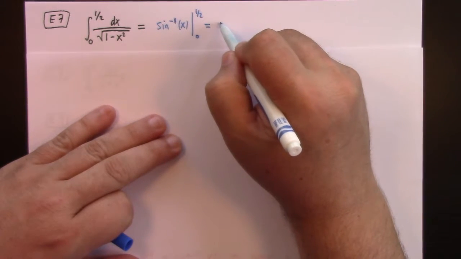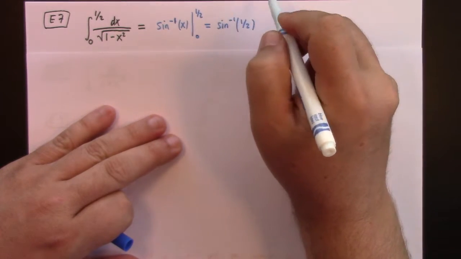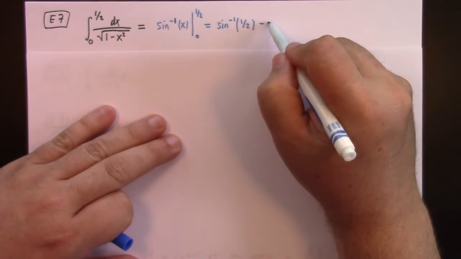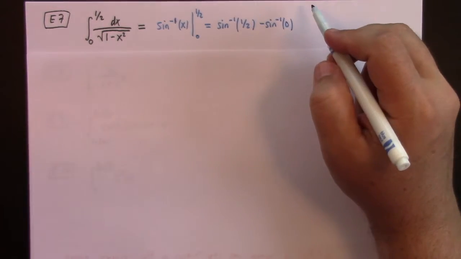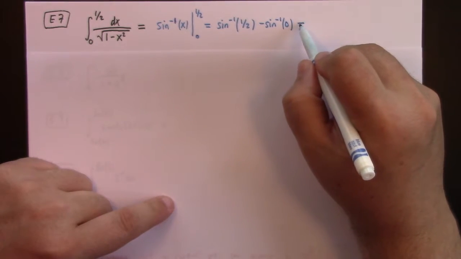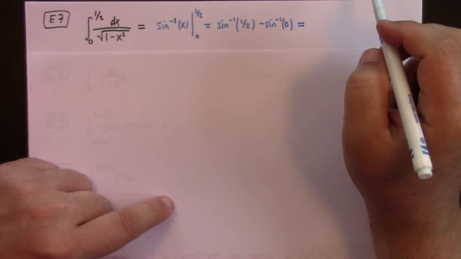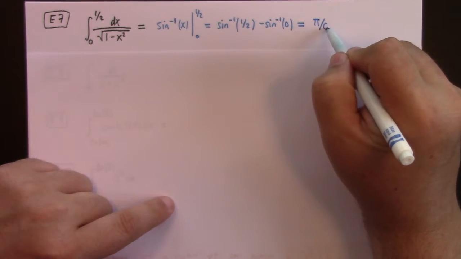So that is inverse sine of 1/2 minus inverse sine of 0. Now, inverse sine of 0 is 0, because sine of 0 is 0. And the inverse sine of 1/2 is pi over 6. So the answer is pi over 6.